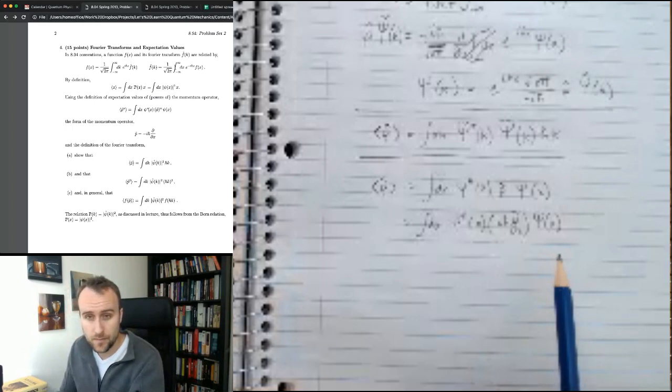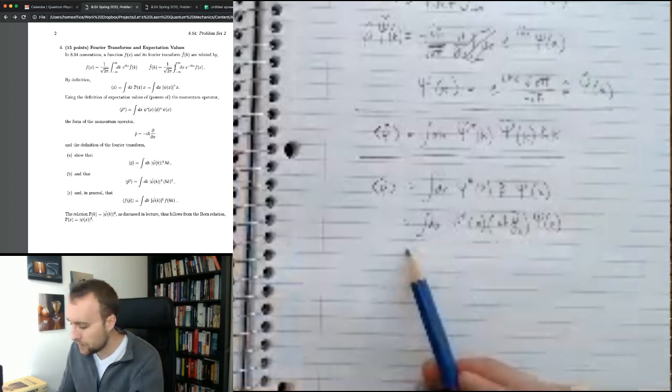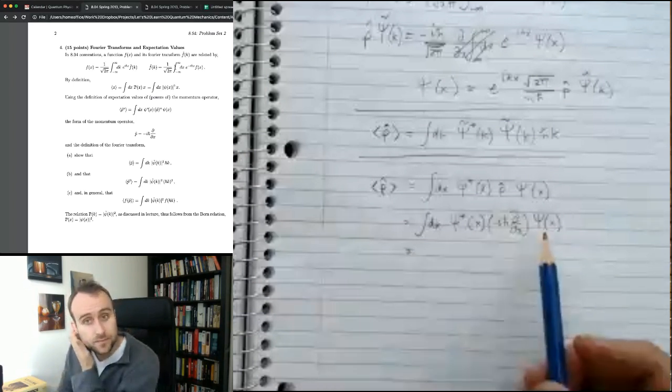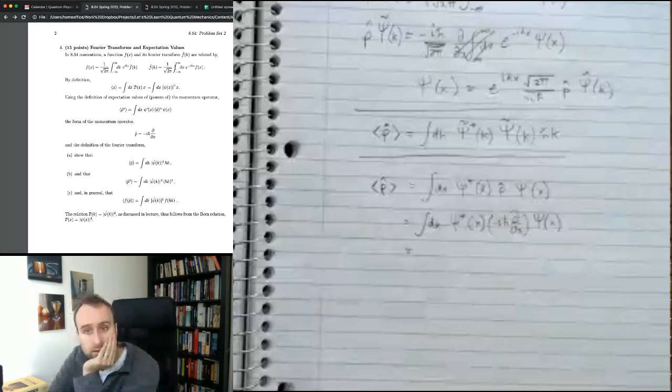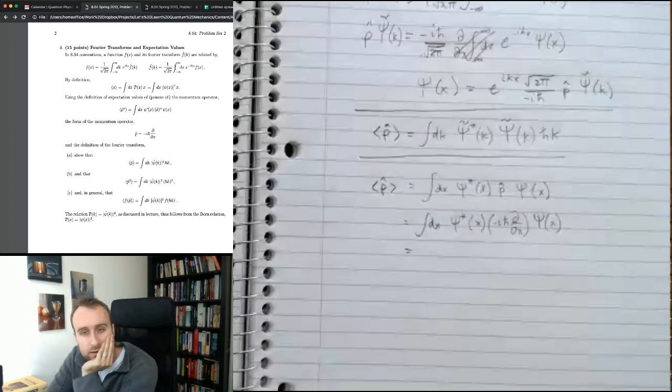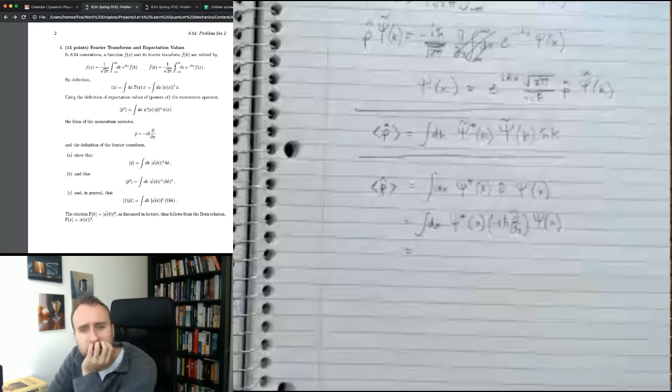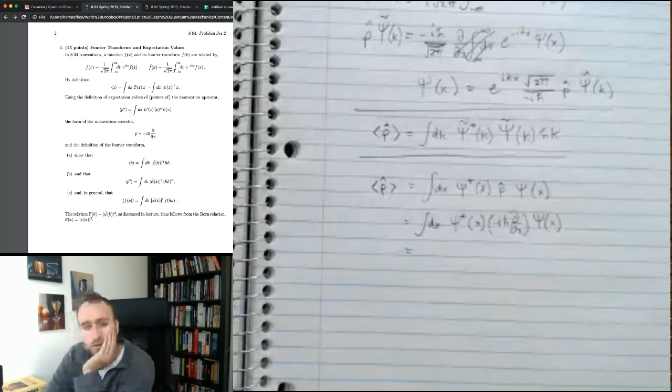Now, this expression, we can take the Fourier transform of that. But I don't know whether that does what we want, because then we have the integral in k, and this is a derivative with respect to x.